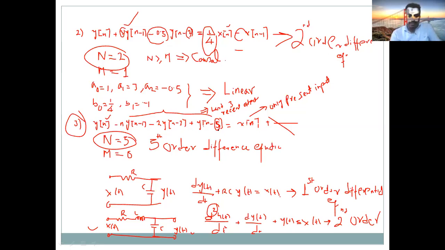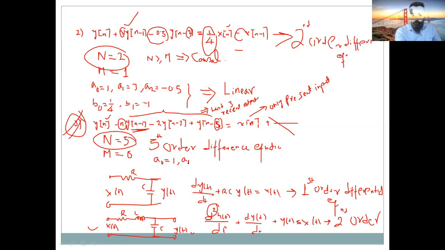Another point, this system, which is y of n minus n y of n minus 1 minus 2 y of n minus 2, up to n minus 3, n minus 4 is there, not 0, because the coefficients are 0. Is it linear or not? Look here. The coefficient of y of n minus 1 is n. So what is A0? A0 is the coefficient of y of n, which is 1, a constant, it is okay.